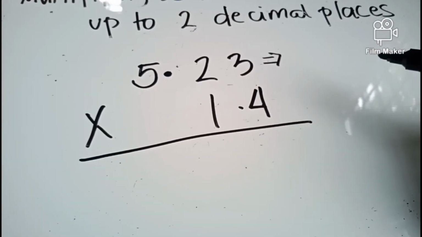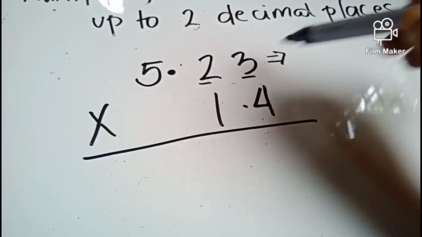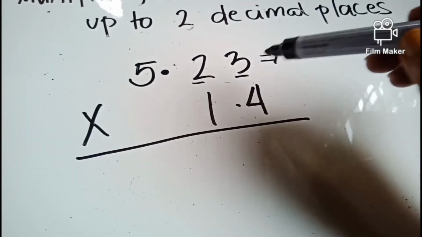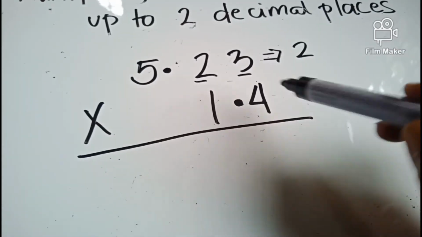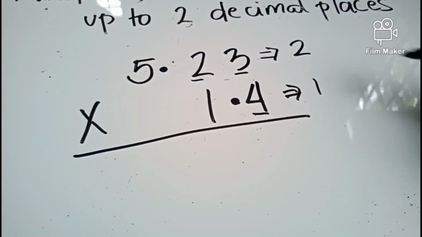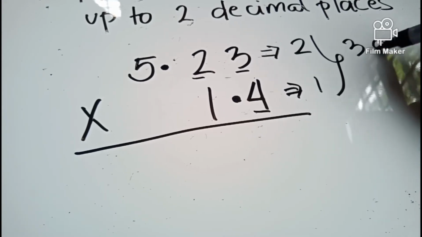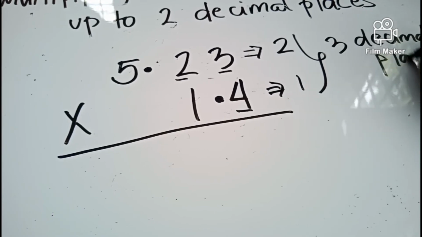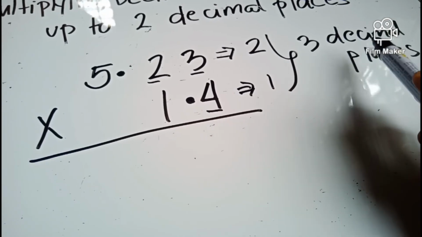So, we have here 1, 2. So, dito may 2 decimal places. Then, dito sa baba na factors, mula sa decimal point, meron tayong 1 decimal place. So, 2 and 1, all in all, we have 3 decimal places sa ating factors.